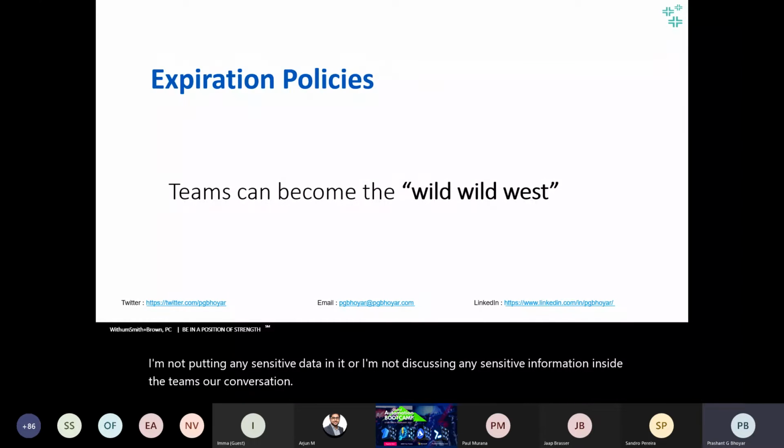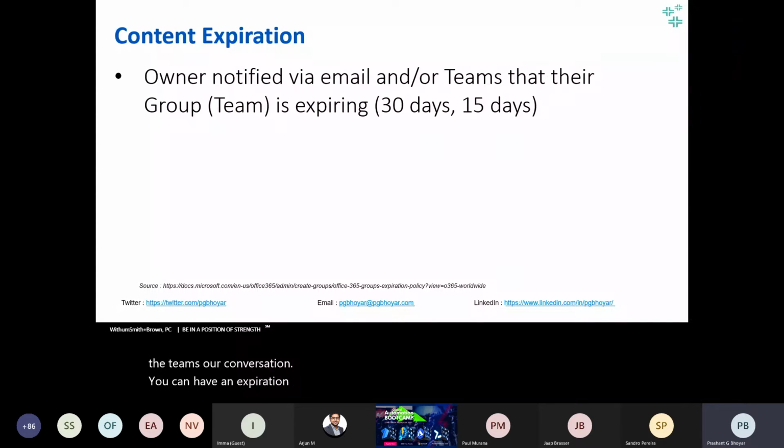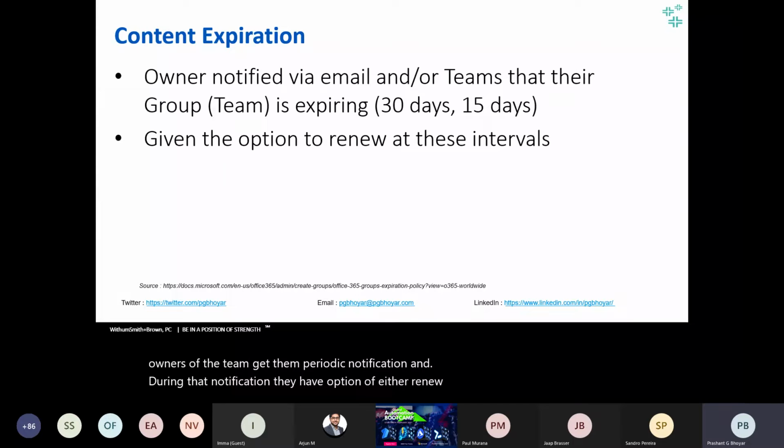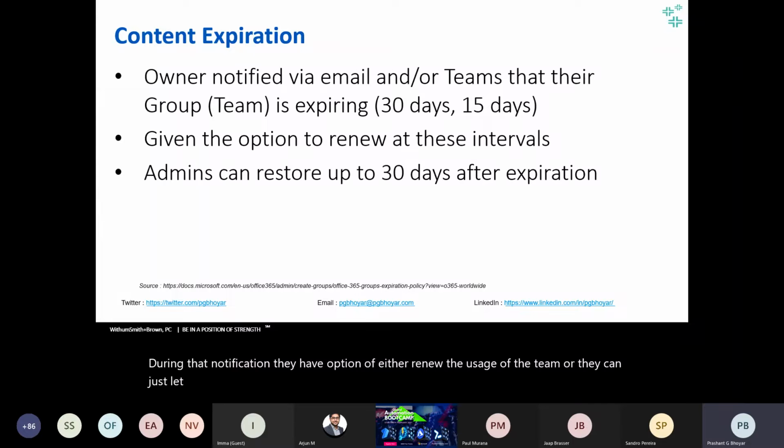You can have expiration policies, and out of the box we can set this, and the owners of the team get periodic notifications, and during that notification they have the option of either renewing the usage of the team, or they can just let the team expire.